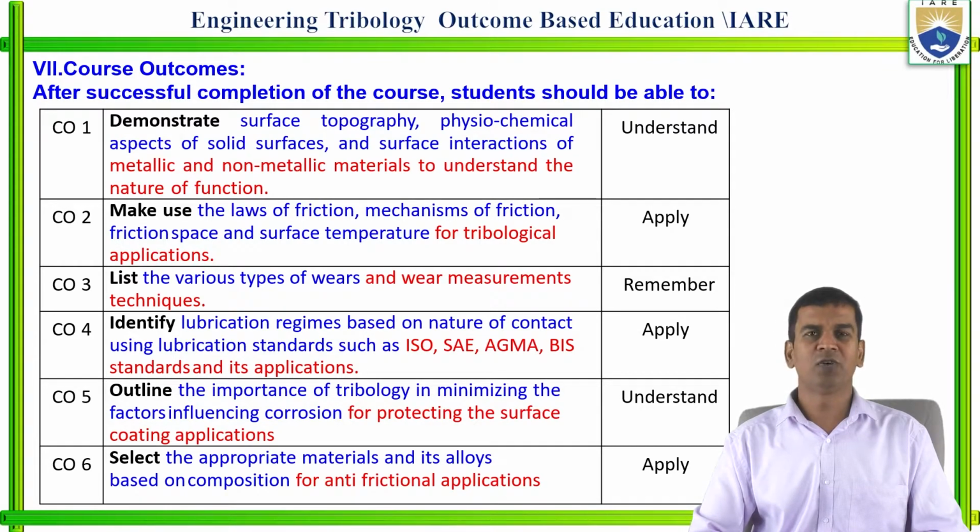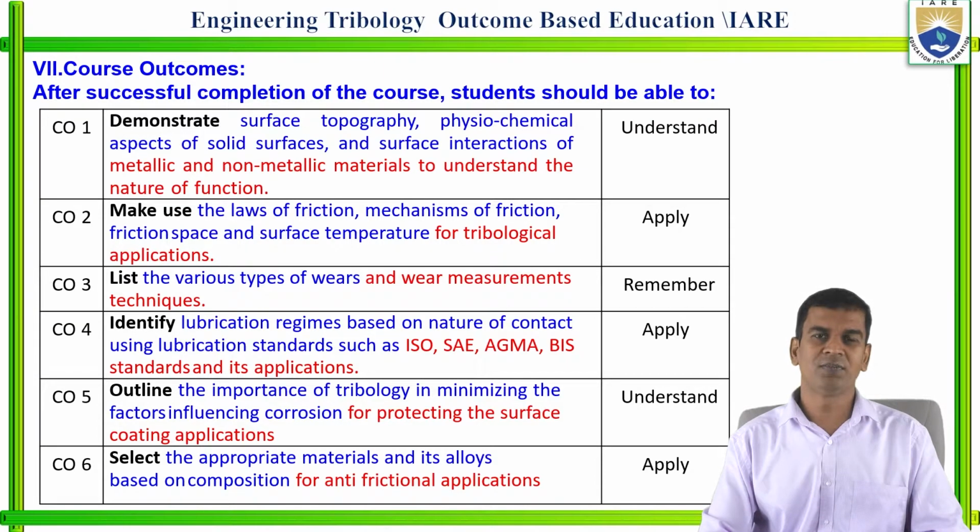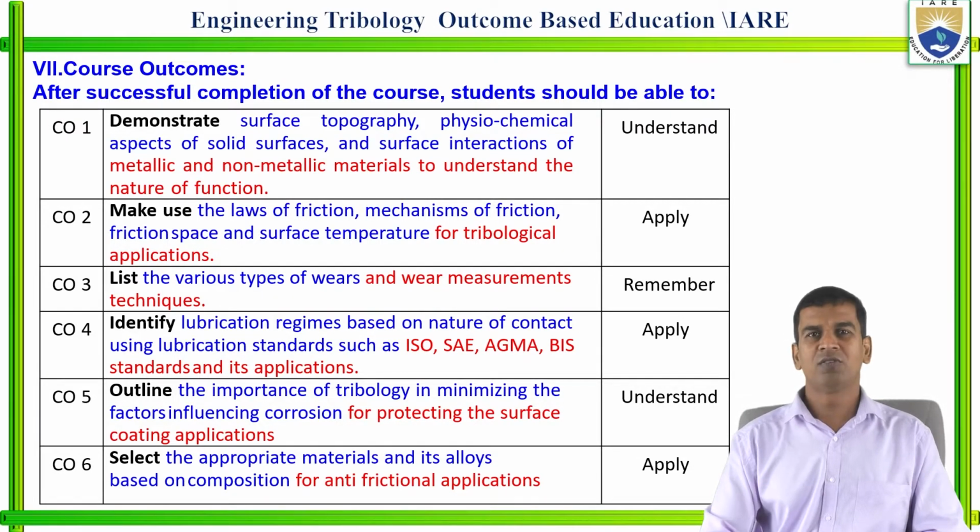Fourthly, the student will be able to identify the lubrication regimes based on nature of contact using lubrication standards such as ISO, SAE, AGMA, BIS standards and in its applications. Lubrication regimes are nothing but thin film lubrication, thick film lubrication, and oil film lubrication.